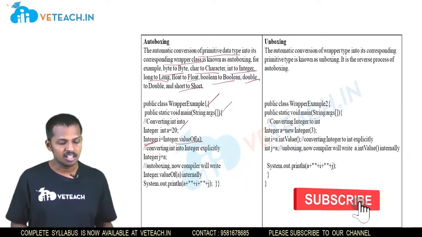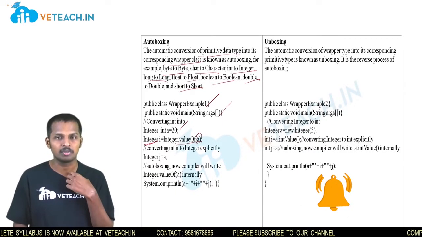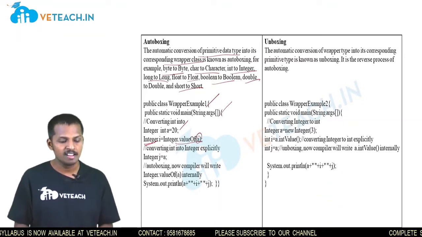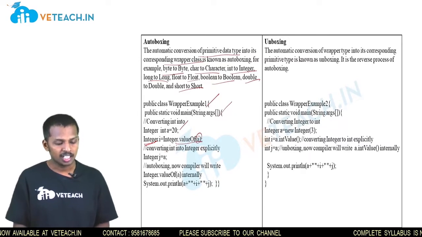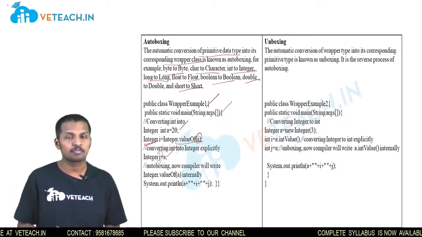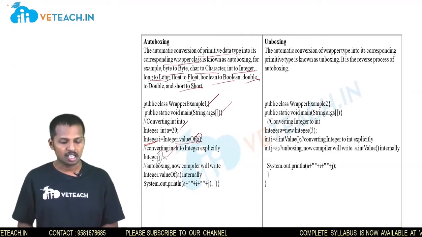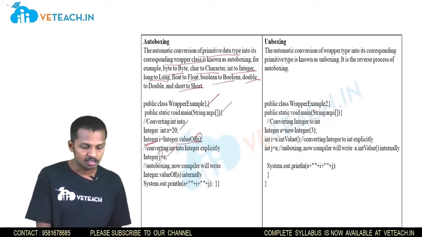Then the value of a, which is a numeric primitive, is converted into the wrapper class and stored in the variable, that is, object i. Next we are assigning the value of a to reference variable j. Now the compiler will automatically write a value.